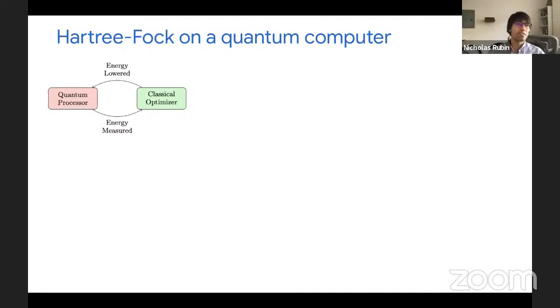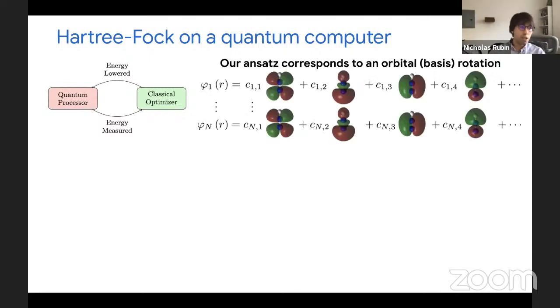And Hartree-Fock is the canonical starting point for many of the correlated calculations that you need to actually simulate some interesting chemistry like a catalysis system. So the basis rotation is a very important simulation primitive when you're moving to the full interacting model. The basis rotation that I'm talking about is a coordinate transform on the one particle Hilbert space. In chemistry, this corresponds to taking linear combinations of an orbital basis set to form a new basis set.